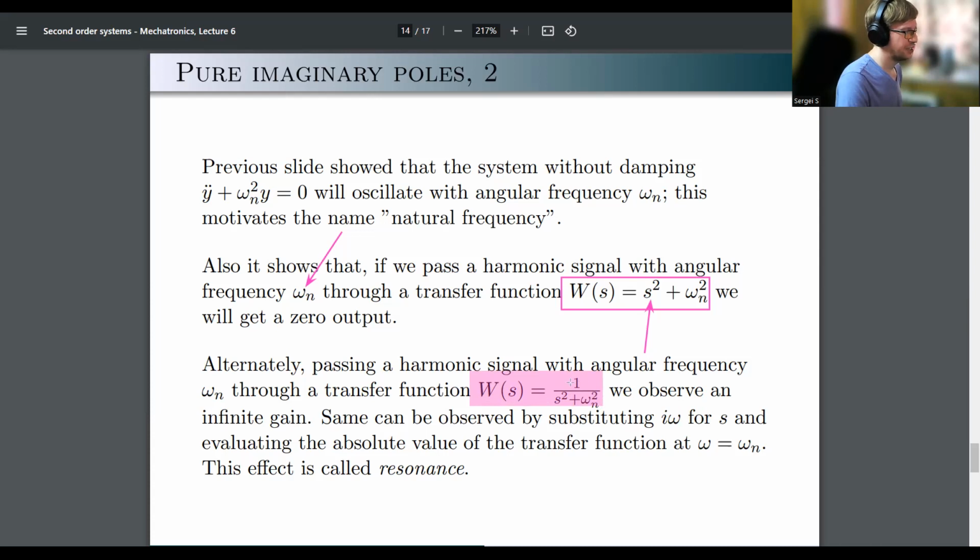If we pass it through this system, here it will be J times the frequency variable squared, plus k. I squared will give you a minus sign. If we pass omega n through it, we will have minus omega n squared plus omega n squared. So it will be 0 in the denominator.